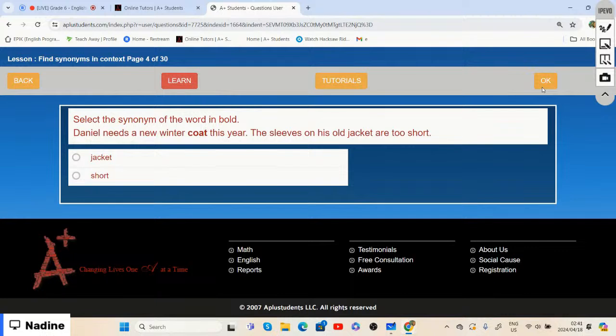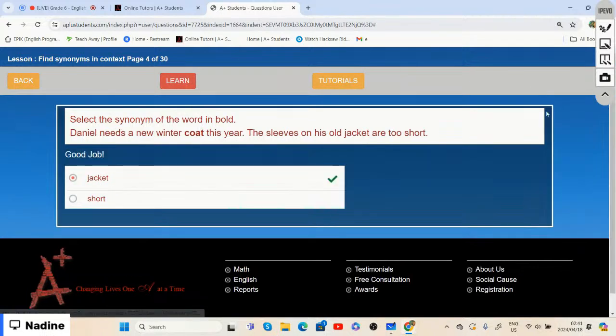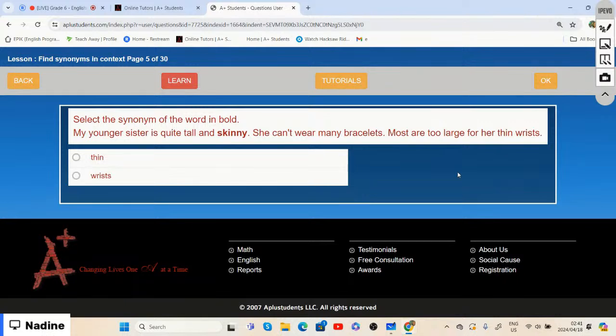All right. And another word that is the same as coat is a jacket. Yes. So well done. A jacket is correct.